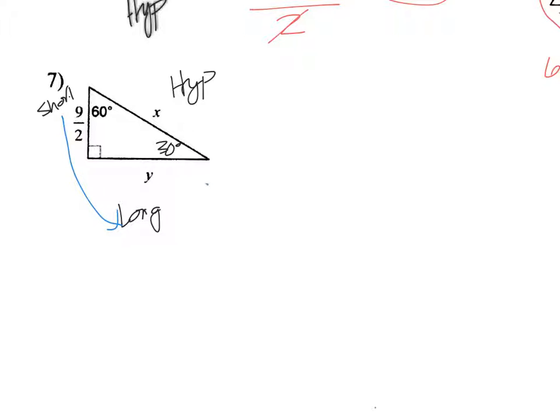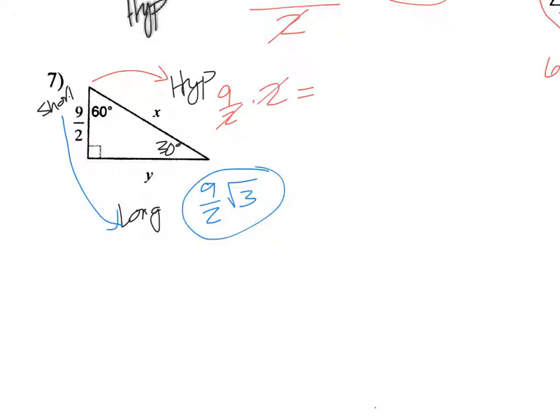What do I multiply by? I multiply by square root of 3. There's your answer. How do I go from short to hypotenuse? I multiply by 2. Well, if I do that, the 2's cancel, and I end up with 9. And there's the hypotenuse. So a much easier case there.